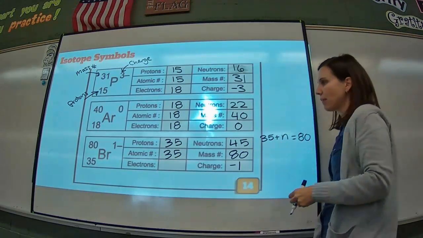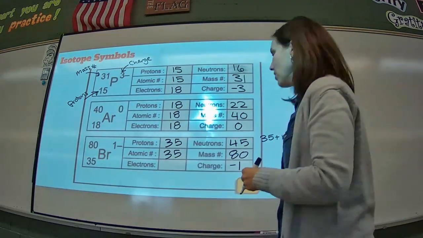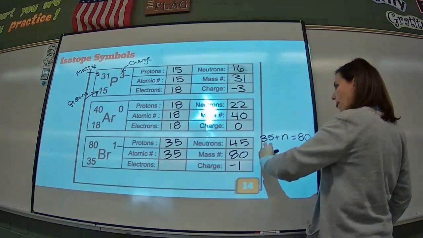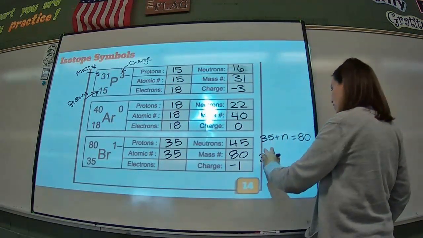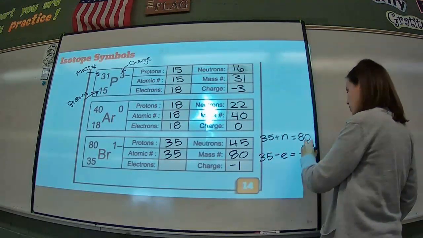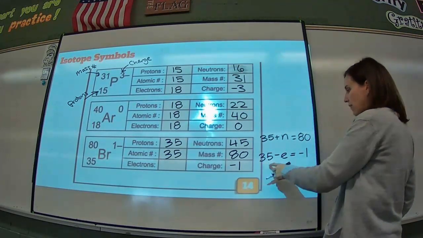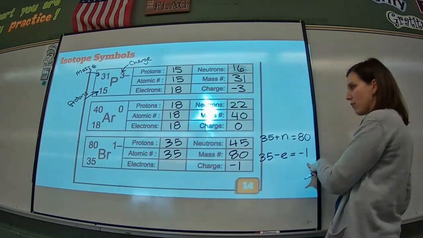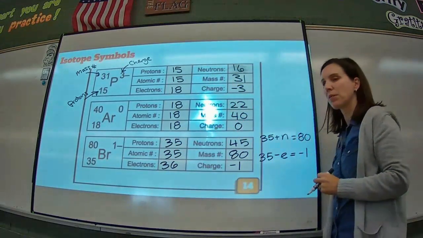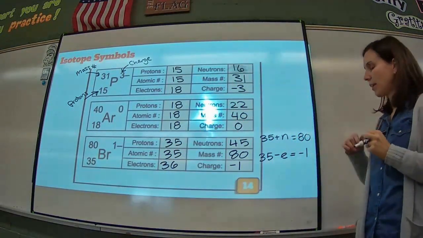And then finally, I'm going to do my number of electrons. So electrons, remember that protons minus electrons. So my protons are 35 minus my electrons is equal to my charge, which is -1. So 35 minus what would give me -1? And that's going to be 36. We have one more electron than we have proton, which gives me -1.